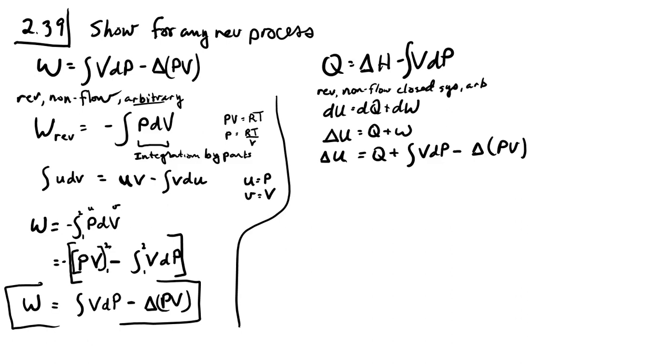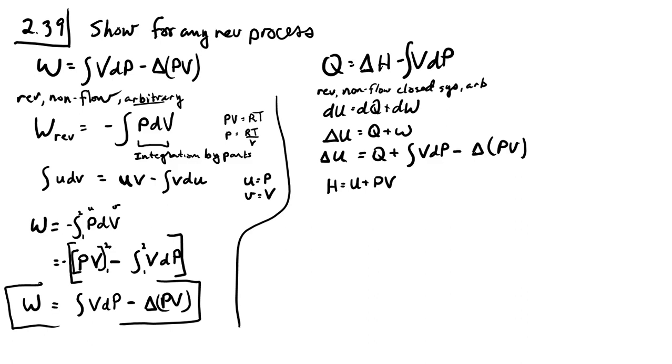All right. And if I look back at where I want to get to, I've got a delta H here, right? And I've got a delta U here. So this should trigger a little thought in your mind that remembers that H is equal to U plus PV.